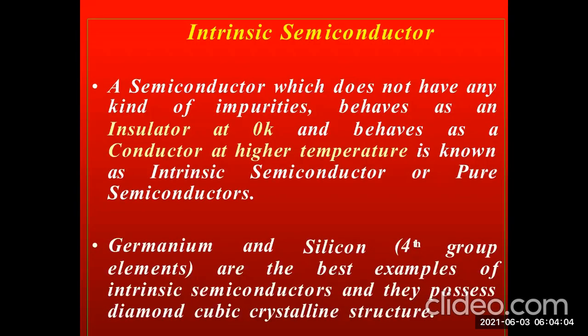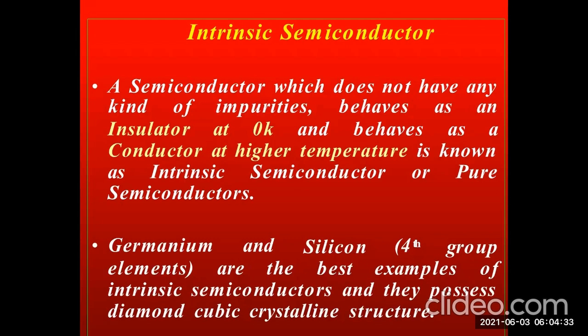Now, when you talk about intrinsic semiconductor, how can a student know why it is known as intrinsic semiconductor, right? The naming of the semiconductor actually depends on the temperature. So here the temperature plays an important role, by which the material can be divided with different names.